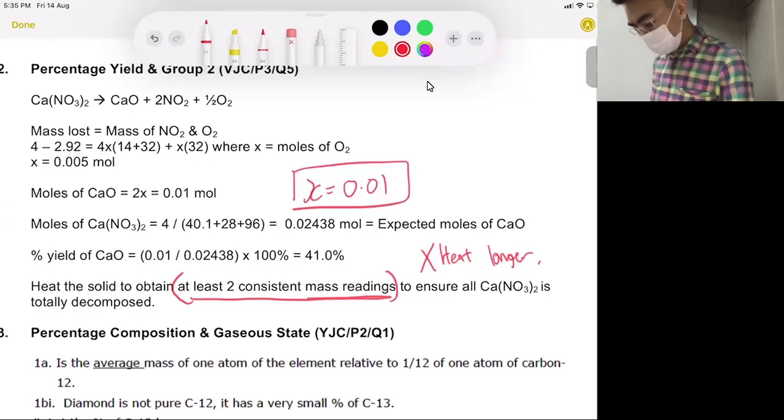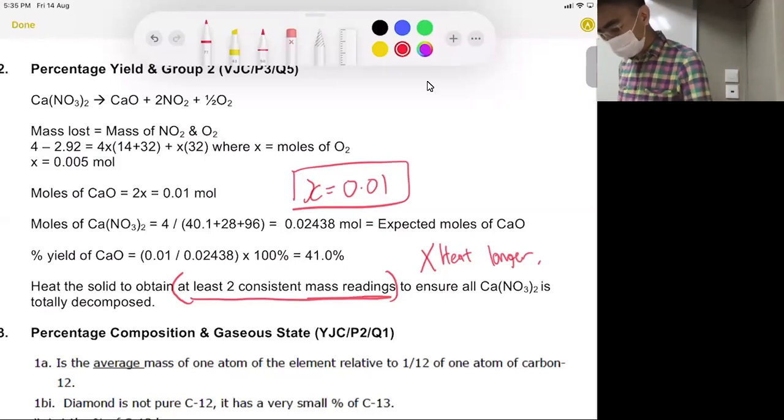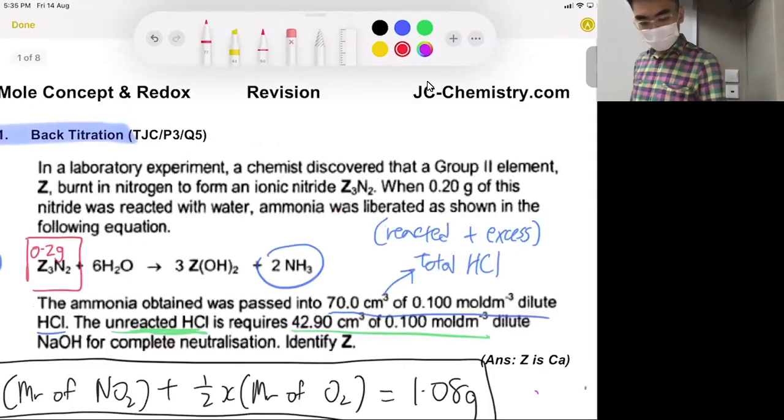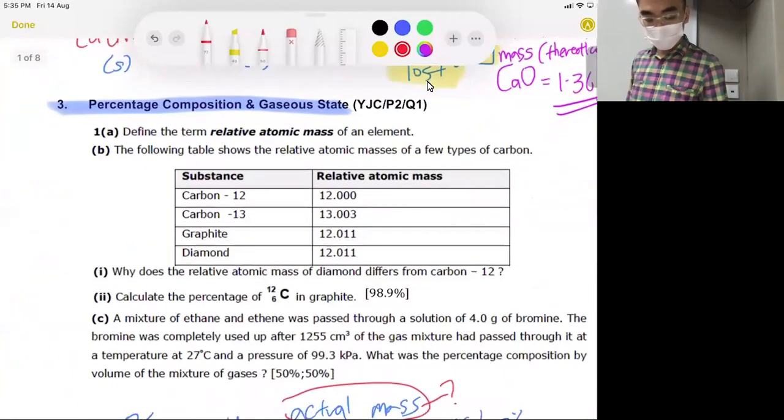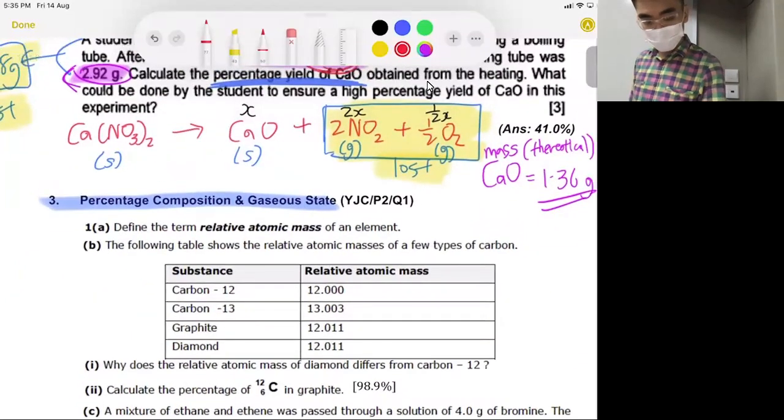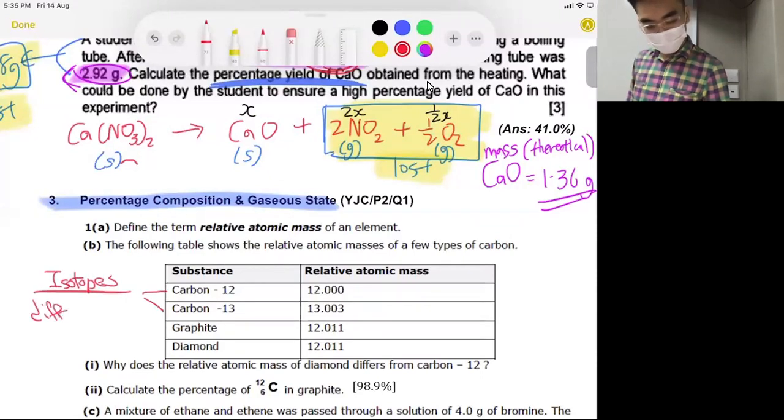B part 1 and part 2 are easy. They are part of your atomic structure concepts. You probably need to remember that what we are looking at is this concept of isotopes. If you're not sure what these are, these two are isotopes. So I'll just revise this very quickly. Isotopes means that they have different numbers of neutrons.